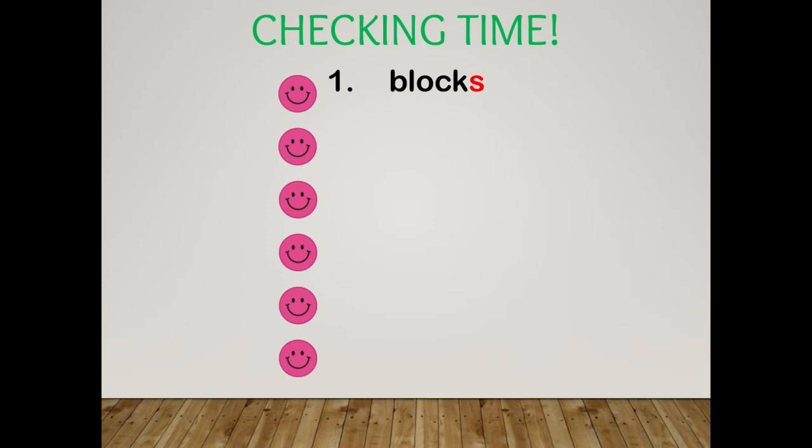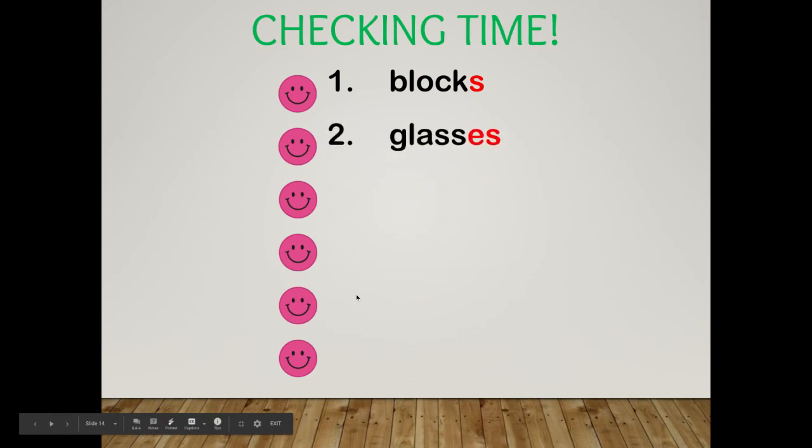I have more than one block. I have blocks. And all I need to do is add an S. Blocks. I want 2 glasses of milk, one for me and one for my friend. It ended in S, so I needed to add an ES.